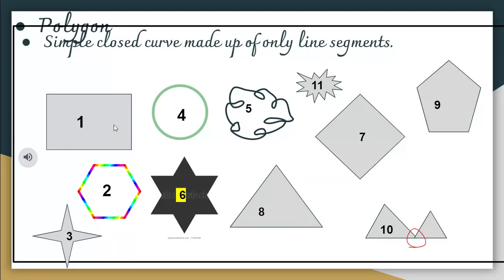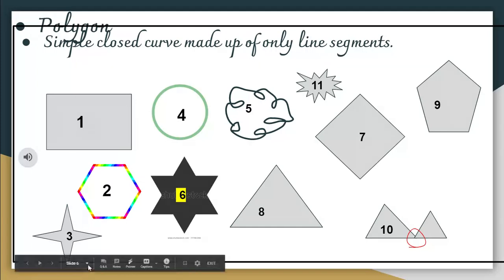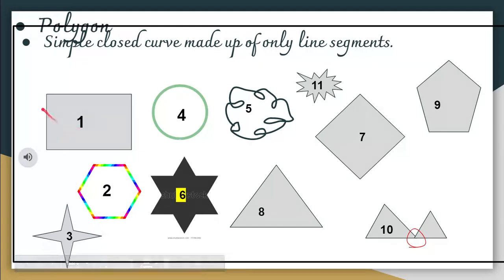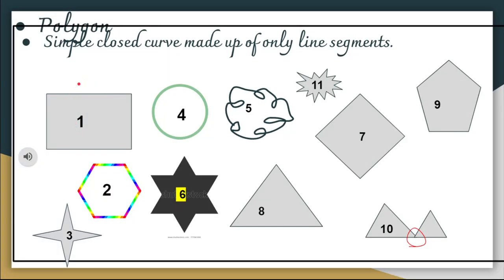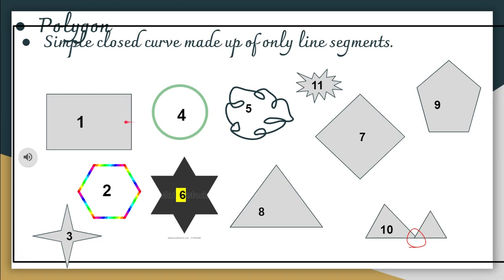It is also a closed curve because it encloses a region inside it, which means it encloses area. And is it only made up of line segments? Yes, that is also true. Here four line segments together form this simple closed curve. So this is an example of a polygon.